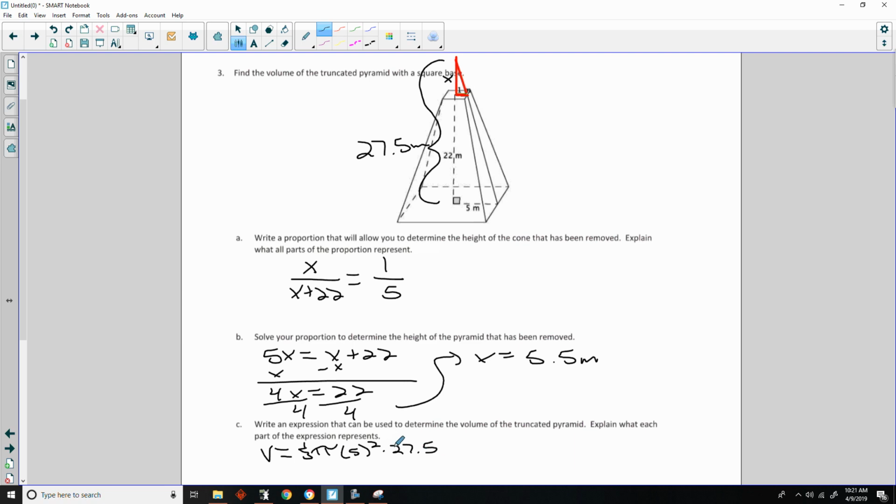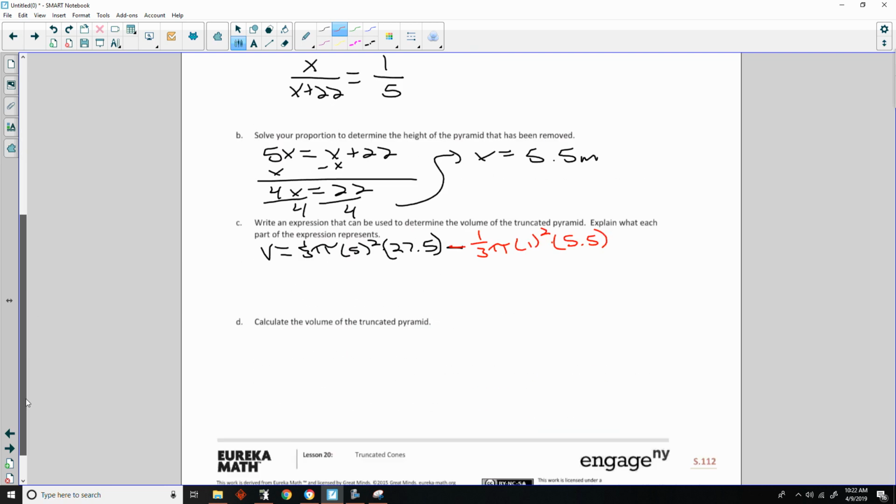Let me put that in parentheses so the decimals aren't confused. Okay, minus the red portion, so I'll do this in red, minus 1/3 pi, the radius of the little one is 1, squared, times the height, which we found to be 5.5. Okay, so there's the expression.